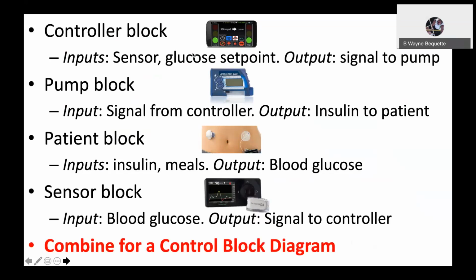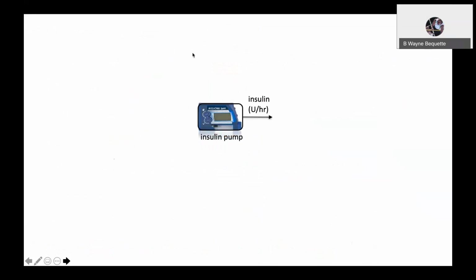Then finally, you'll have the sensor block, which is sensing blood glucose. It's turning that into a signal that's sent to the controller to form a fully closed loop block diagram. And what I want you to do now is pause this screencast and develop your own block diagram before I go through that. So here's the way I started out the block diagram.